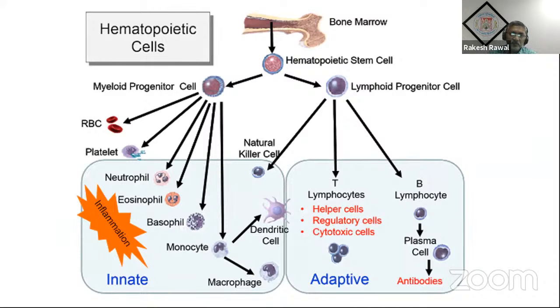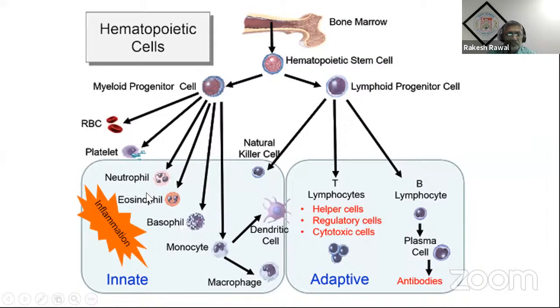And these hematopoietic stem cells have two major subcategories of progenitor cells, that means myeloid progenitor cells and lymphoid progenitor cells. Their further downstream differentiation will generate B and T lymphocytes, and these are mainly responsible for adaptive immunity.